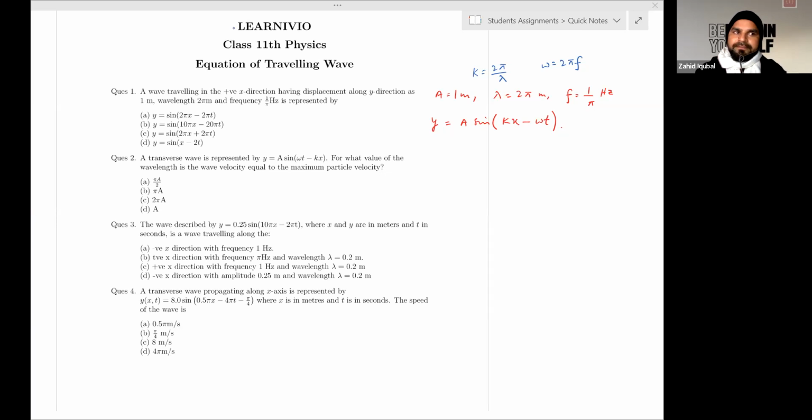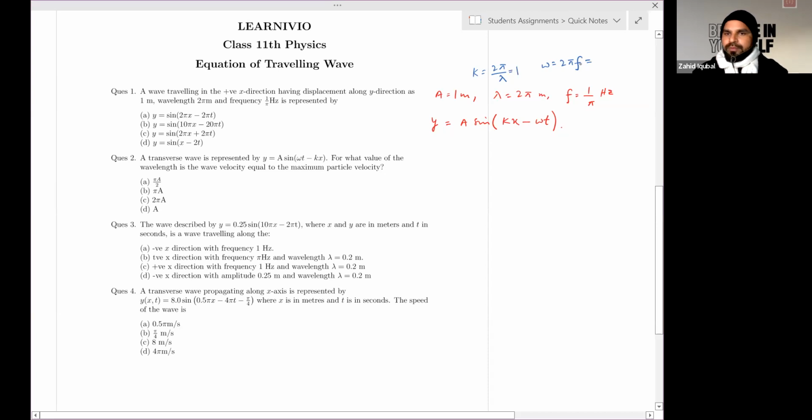Good, Atif. If you put lambda equal to 2 pi, the 2 pi will cancel out, so you will get k as 1.